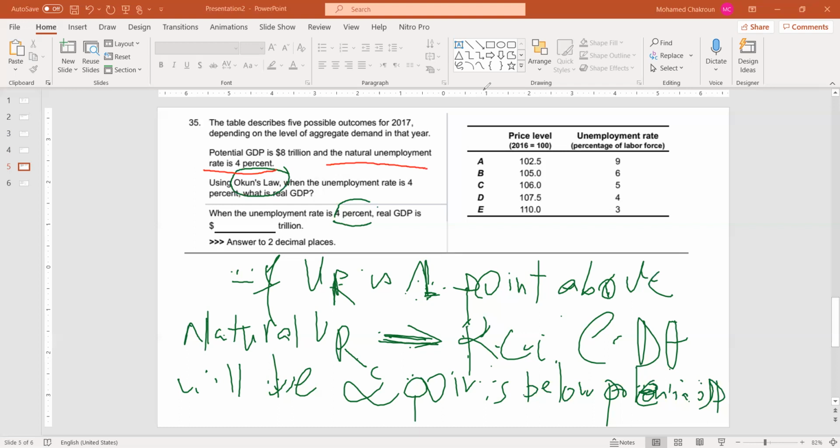So if the unemployment rate is equal to the natural unemployment rate, real GDP is equal to potential GDP. Here potential GDP is equal to $8 trillion, so real GDP will also be equal to 8 trillion, because the prevailing unemployment rate is equal to the natural unemployment rate.